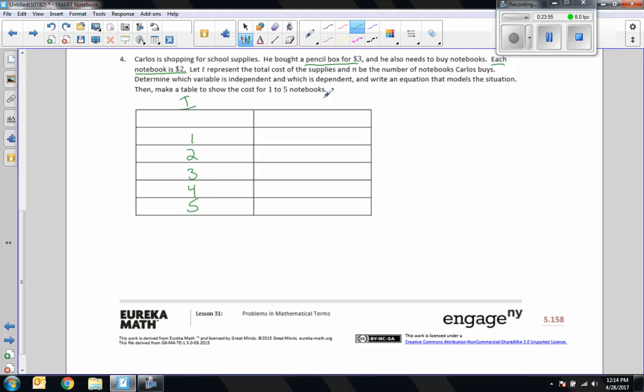This is independent. This is dependent. So we are trying to find the total cost, T. T represents total cost. That is the dependent variable. The independent variable is going to be each notebook, N, the number of notebooks. So I'm going to put N here, number of notebooks.